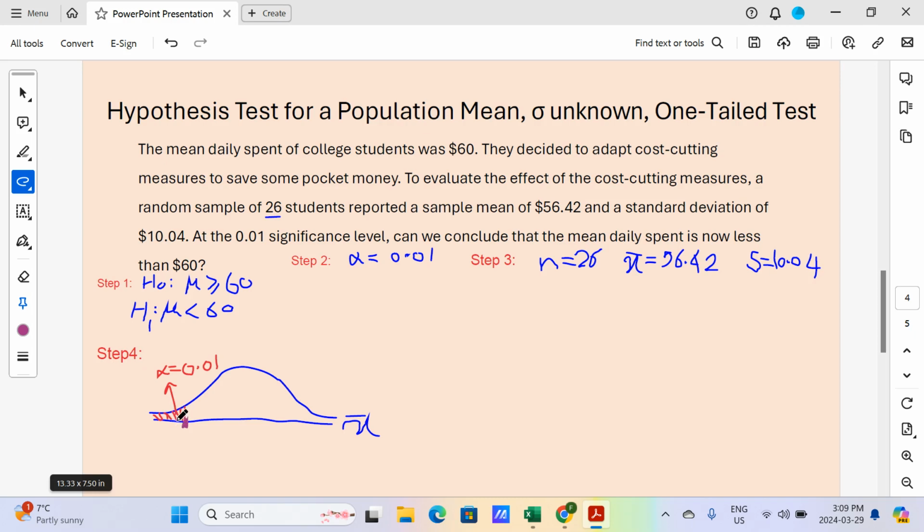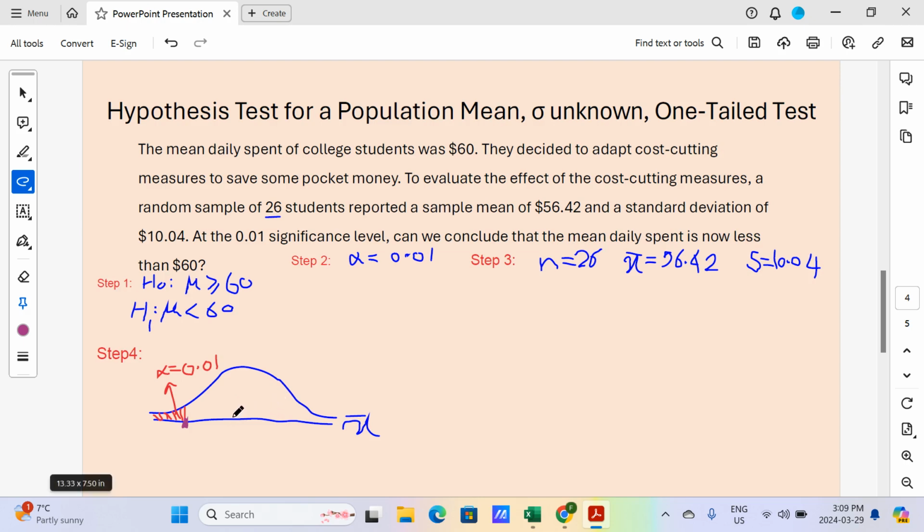If the t-value of x bar, the sample mean, falls within the rejection region, I'm going to reject H0. Because sigma is unknown, I'm going to find the t-value of x bar in step 5. The red part is the rejection region on the left side. On the right side of this cutoff point, I have the not reject region.